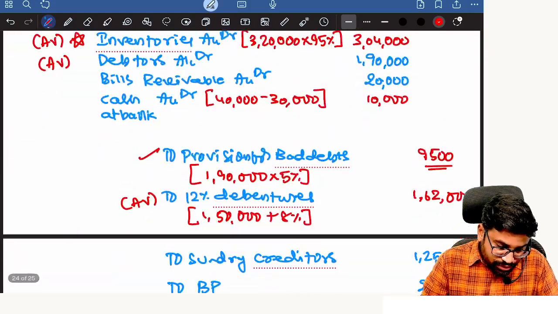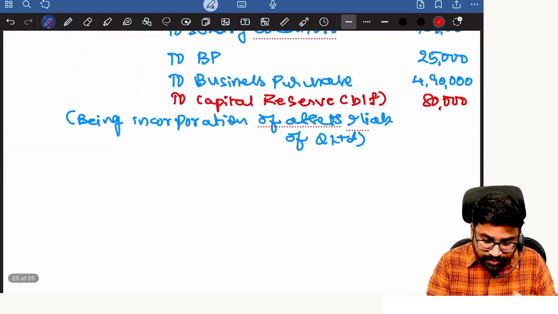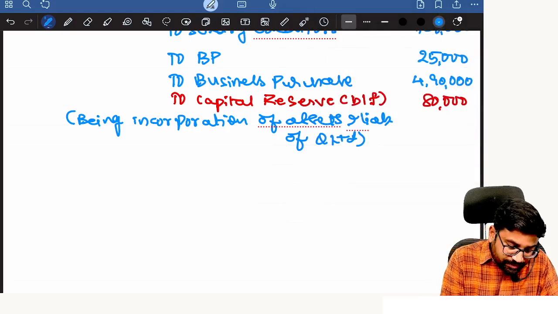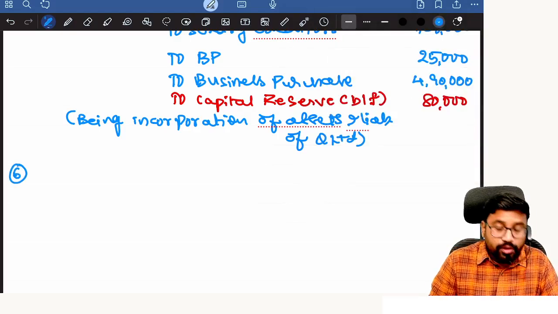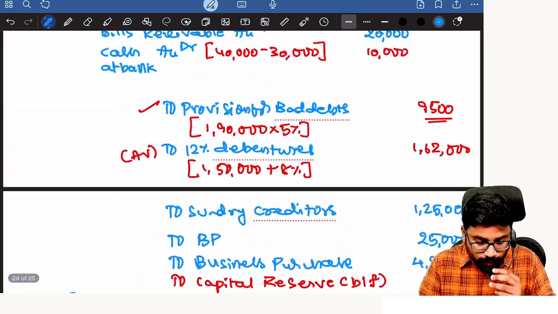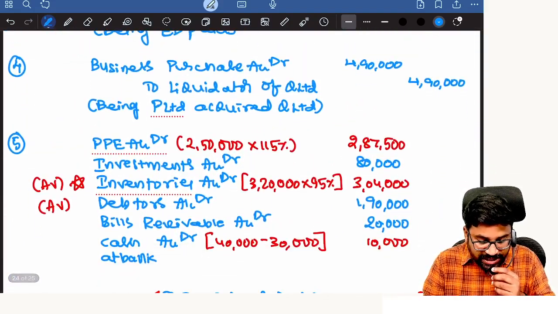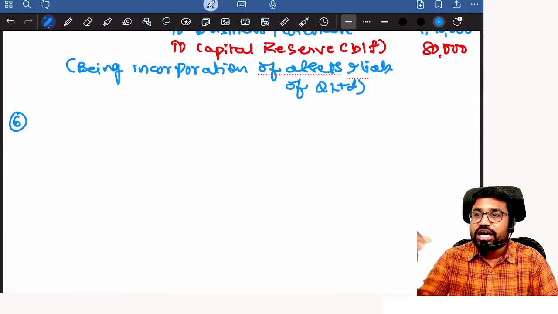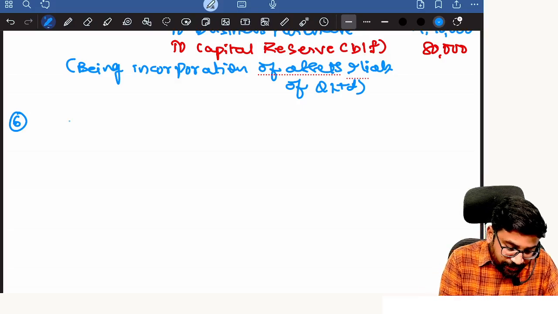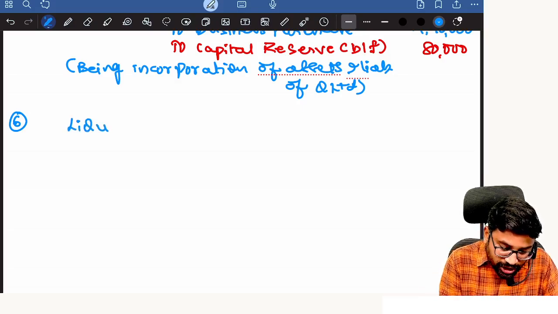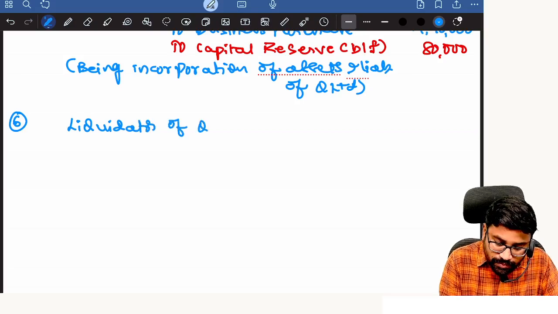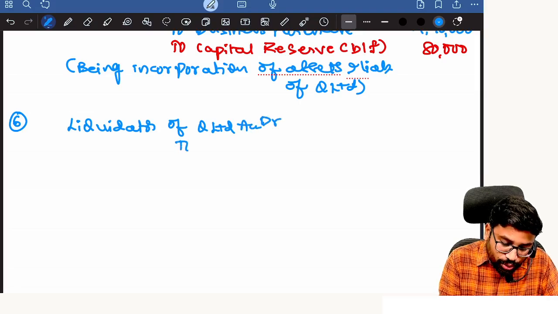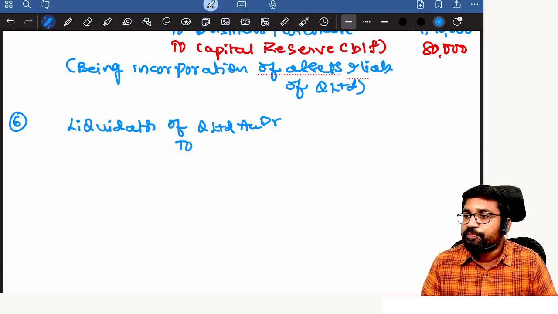Next. So the incorporation entry is done, sir. What is the next entry? First the business purchase is over, next the incorporation is over. What is the next entry? Discharge of PC. So what is the entry? Liquidator of Q Limited account debit, for what we are giving in the form of PC.